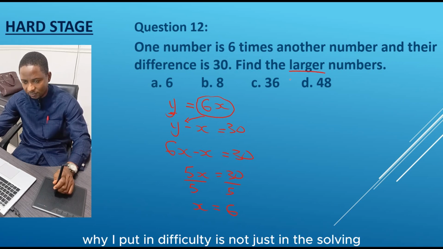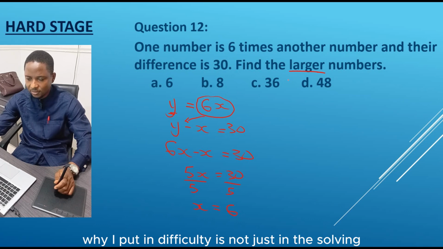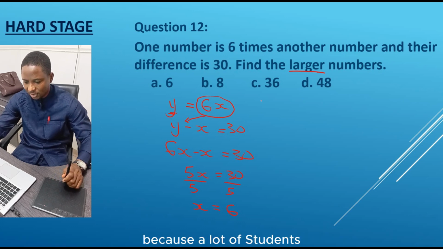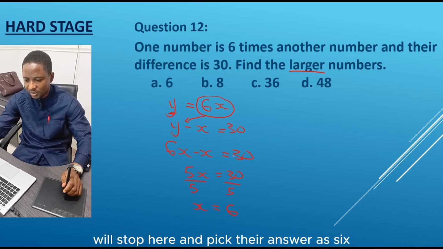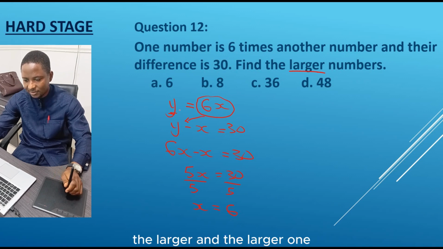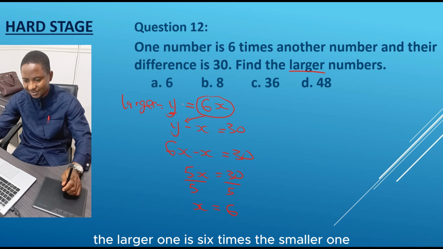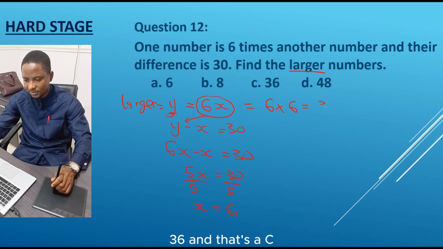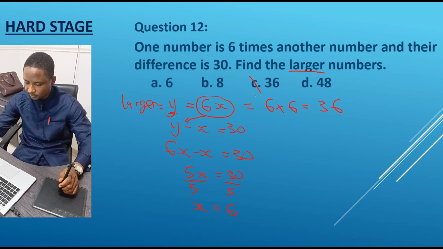You see why I put it: difficulty is not just in the solving, but being careful, because the trap around the question makes it difficult. A lot of students will just stop here and pick their 6. But the question says the larger. And the larger one is 6 times the smaller one, which is 6 times 6. And you have what? 36, and that's C.